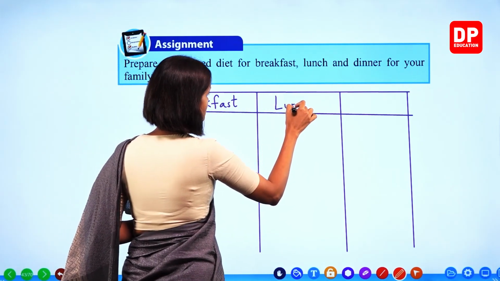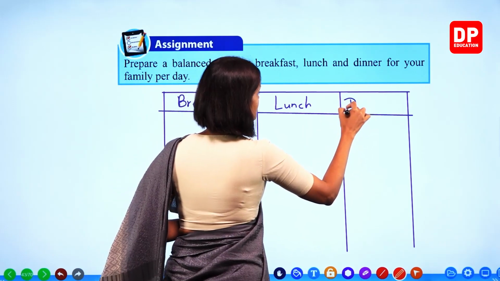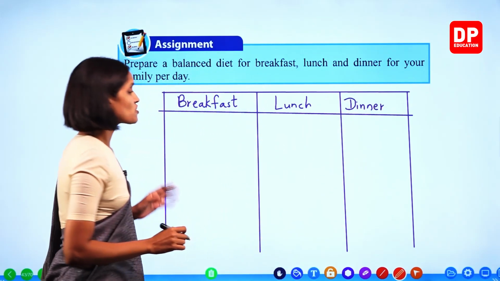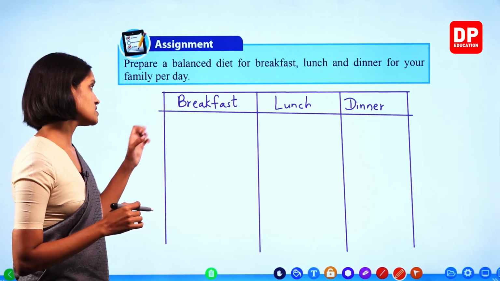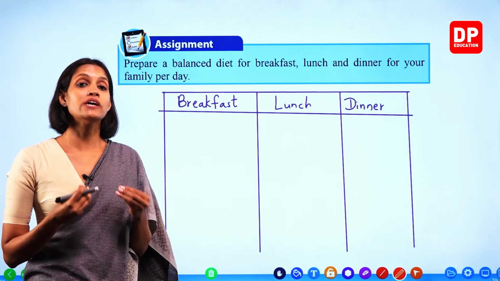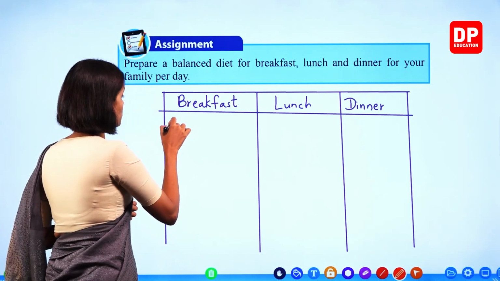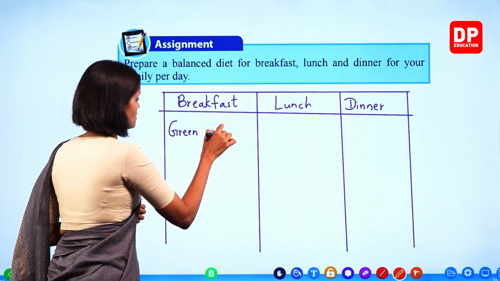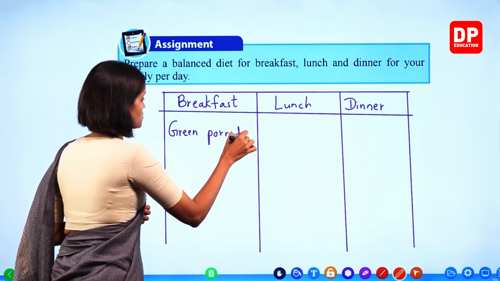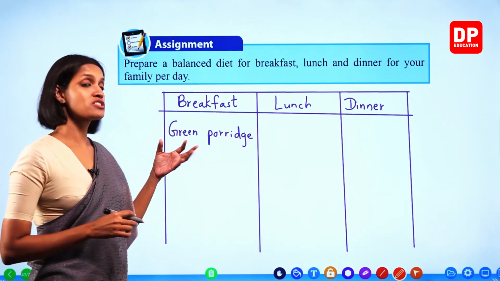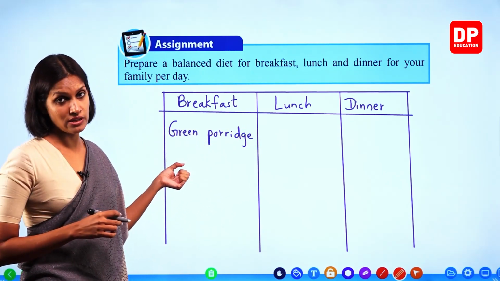So I will write here: breakfast, lunch, dinner. Right. So for breakfast, what can we take? We can take a green porridge, which means kola kanda. Okay, green porridge. Green porridge contains a lot of vitamins and minerals.